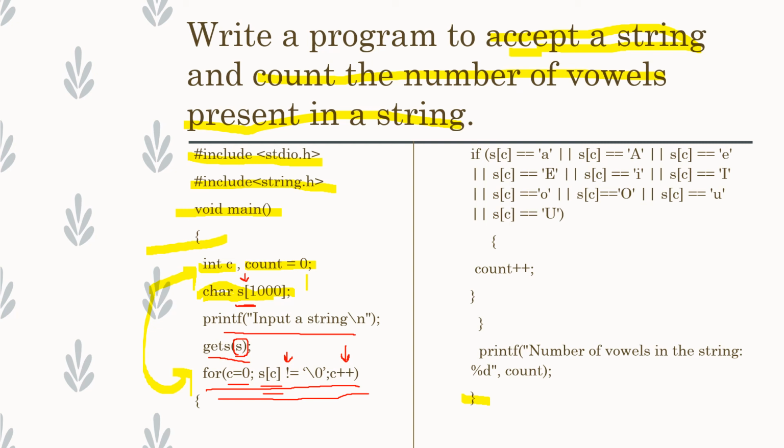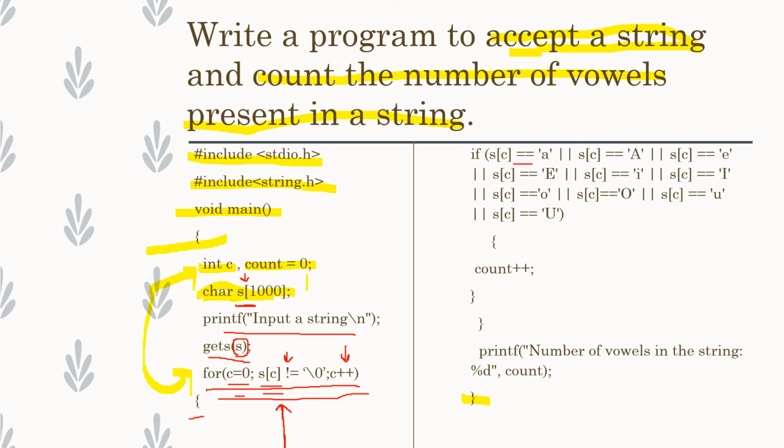So there is one important condition in every string program: you start with the 0 index, then you check the condition s of c not equal to null, and c++. So at the first step c is equal to 0. At that time it will check what is there in the for loop, inside the curly braces. If s of c is equal to a, the double equal to is used for comparison.